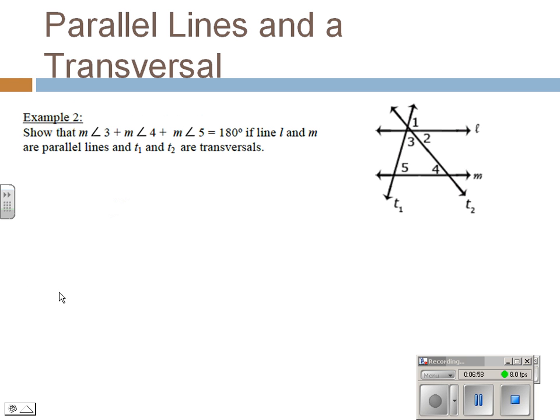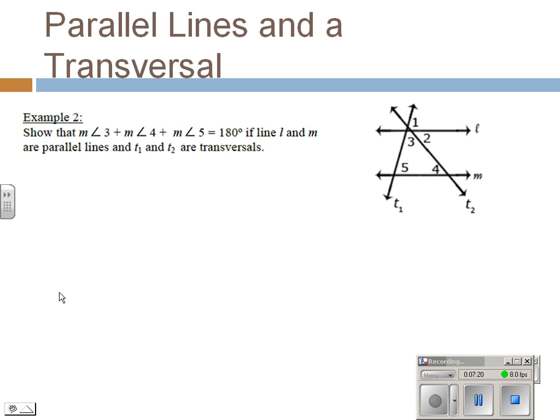Example 2. Show that the measure of angles 3, 4, and 5 equals 180 degrees if lines L and M are parallel lines and T1 and T2 are transversals. Once again, it looks more confusing because we have two transversals and one set of parallel lines.